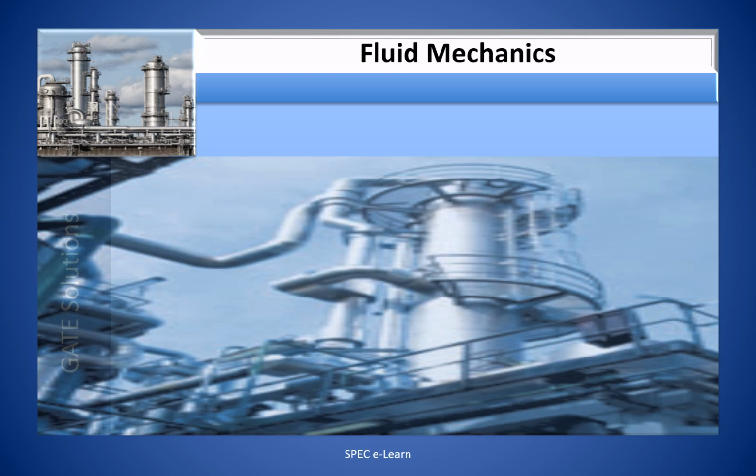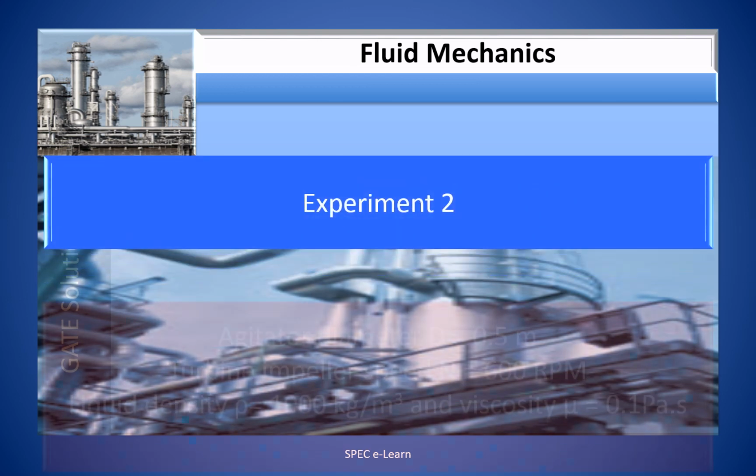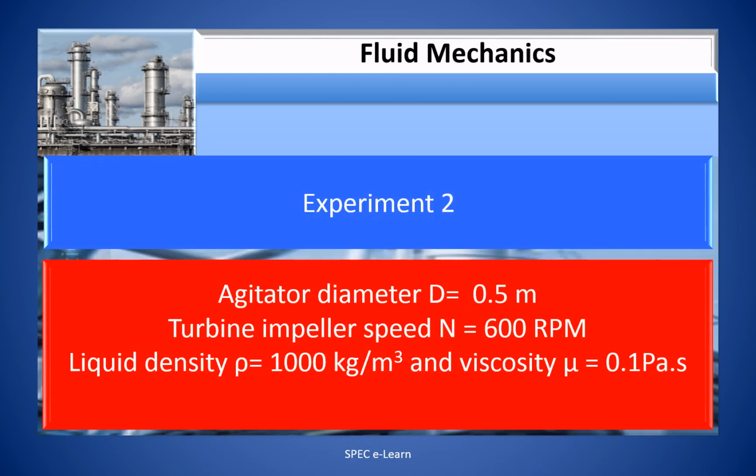Experiment 2. Agitator diameter d is equal to 0.5 meter. Turbine impeller speed n equal to 600 rpm. Liquid density rho 1000 kg per cubic meter and viscosity mu 0.1 Pascal second.